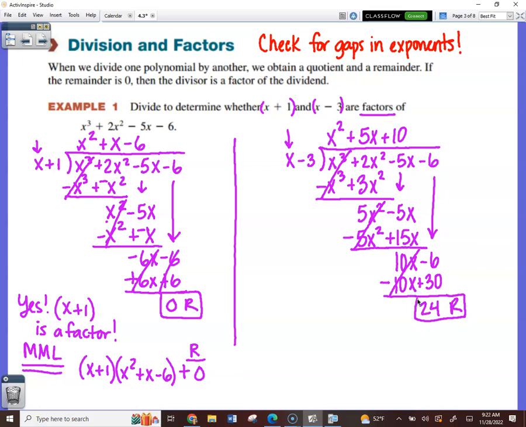Here's what a lot of people don't like about long division when they come to a remainder, because they feel off. That being a number other than 0 tells you that it was actually not a factor. So what we would say is no, x minus 3 is not a factor.